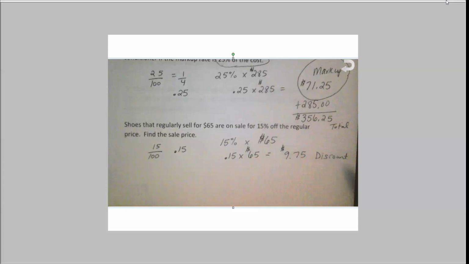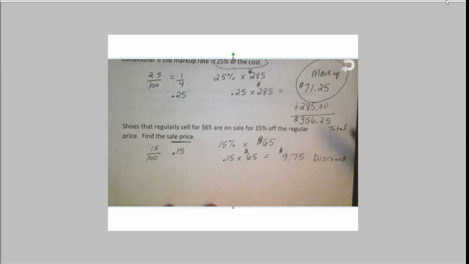Now notice in this problem, it asks for the sale price. What are you going to pay after that discount is being taken off? So we're going to find out what that sale price will be. Markups add to, discounts take away.